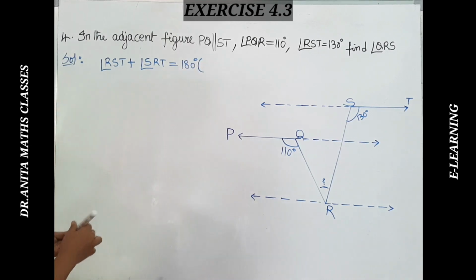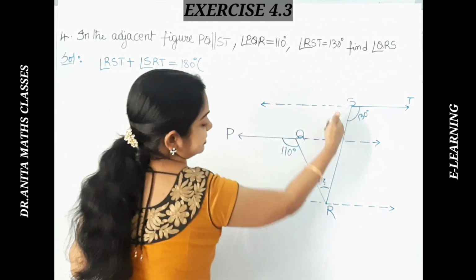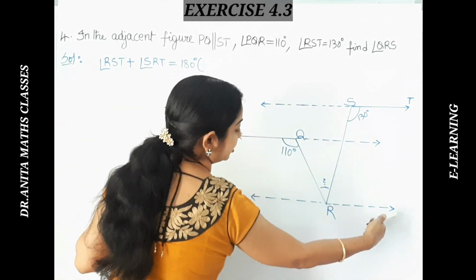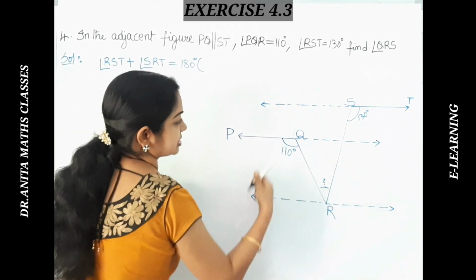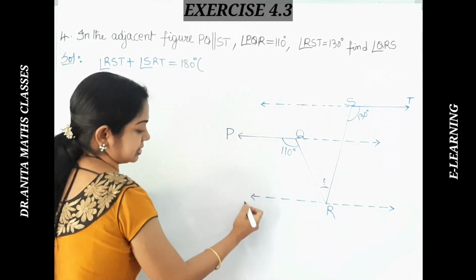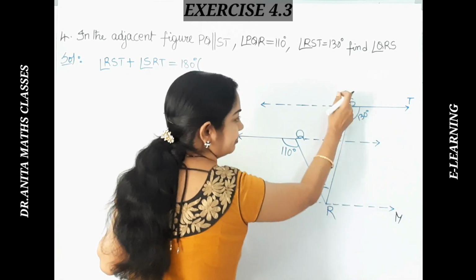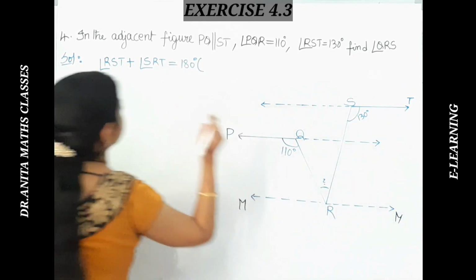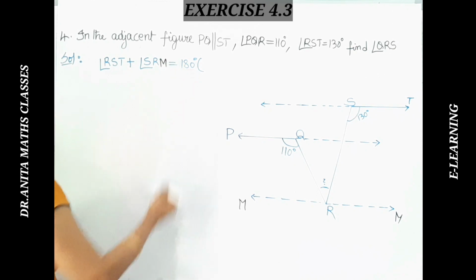Why? Because the angles are on the same side of the transversal. We will mention this: if this is PQ and this is ST, let me suppose this line as MN. So it will become angle SRM. Sorry, this is not T. SRM equals 180 degrees with RST.